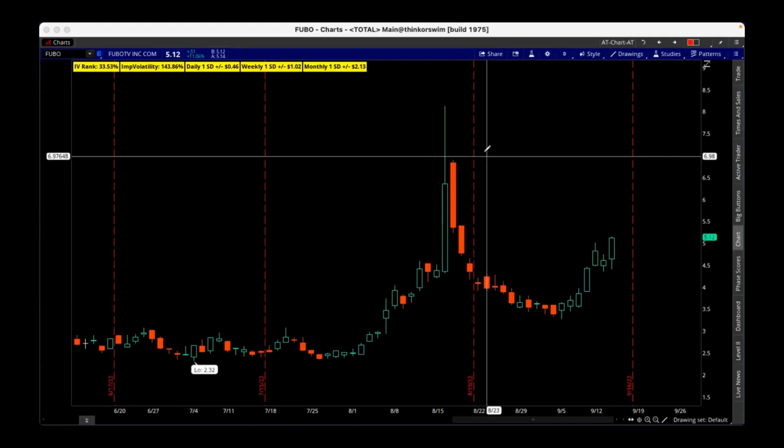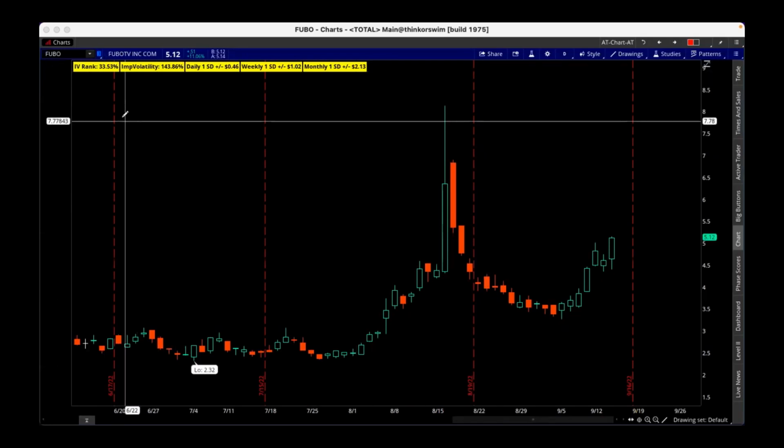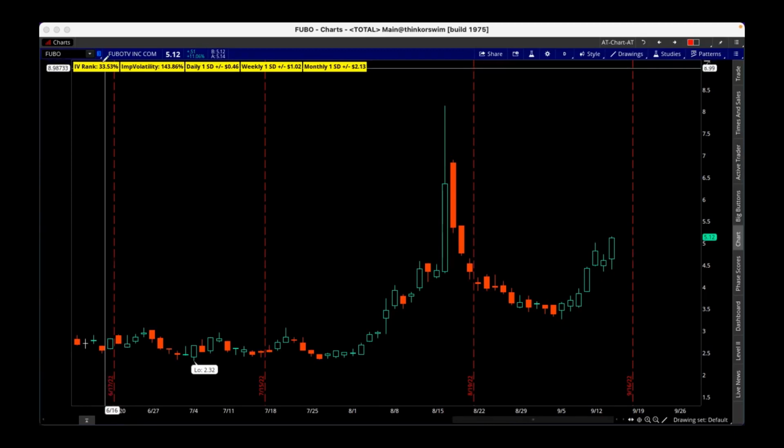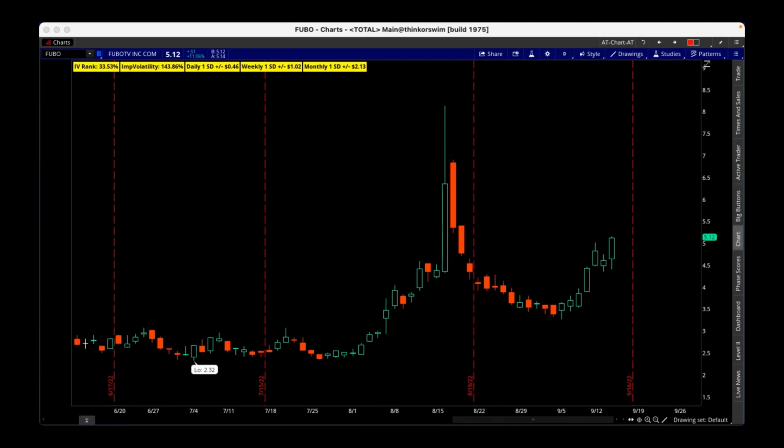Now if you look at the IV rank for FUBO, that's telling you that 33% of the time we've been above the current implied volatility. So it's not that bad. 67% of the time, or 66.5%, we've been below. Right now the implied volatility is at 143.86.